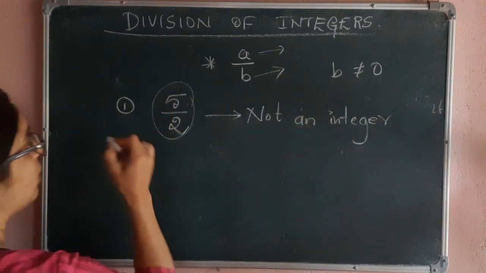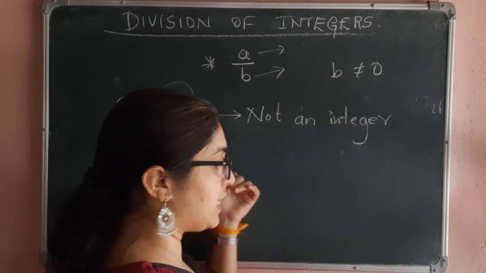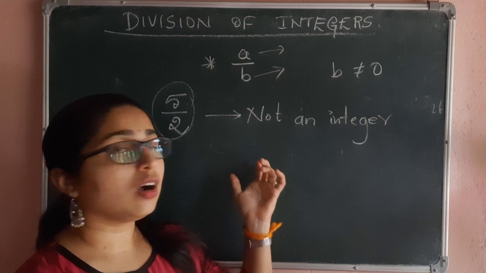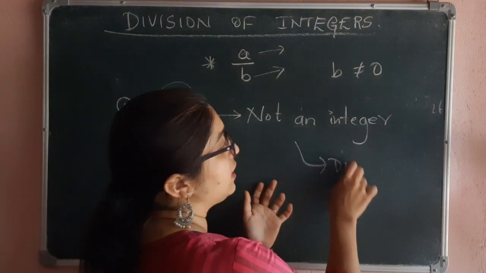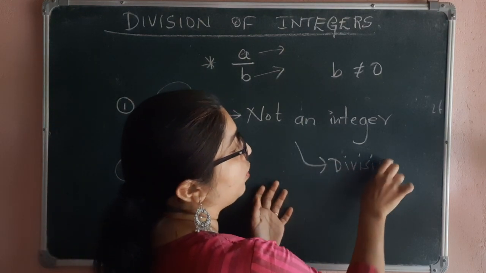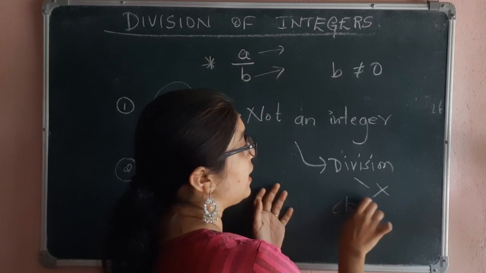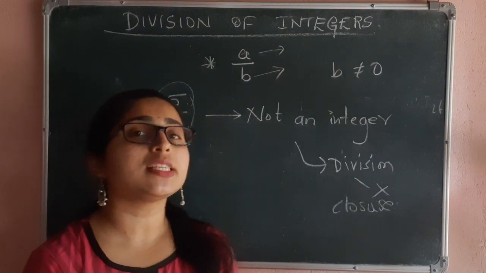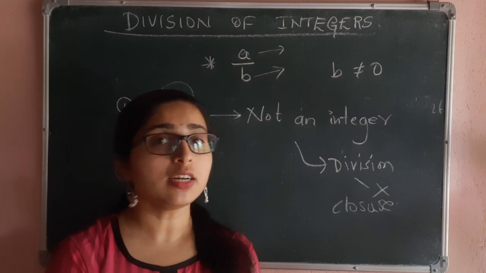Next. From this first example, I can conclude that division does not satisfy the closure property. Or we can say integers are not closed under division.